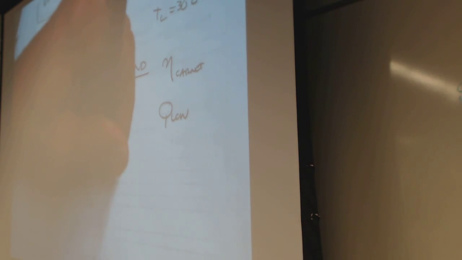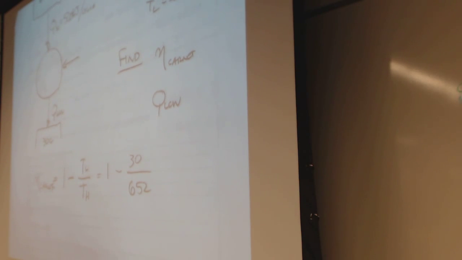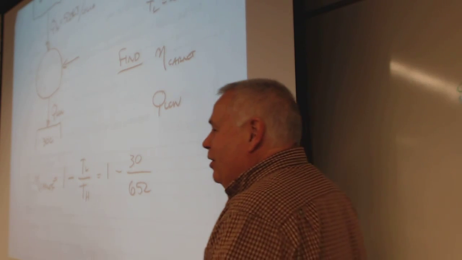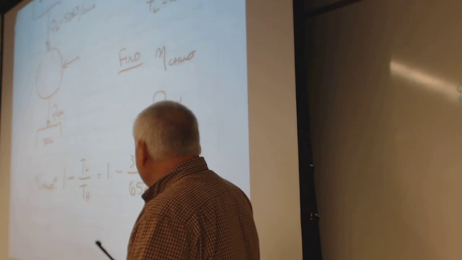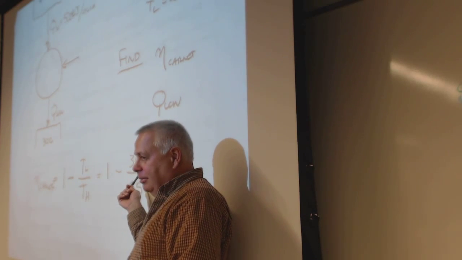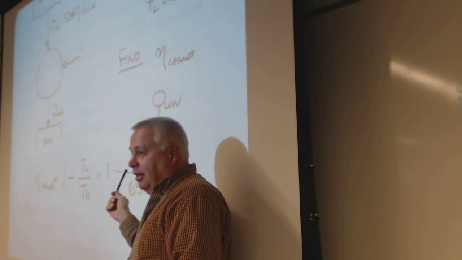So great. 1 minus 30 over 652, right? Somebody say wrong. Wrong. Excellent. You're on the ball. For Carnot efficiency, it's like ideal gas. It's about absolute temperatures. 30 degrees C is not an absolute temperature. 30 degrees Kelvin would be really, really cold.